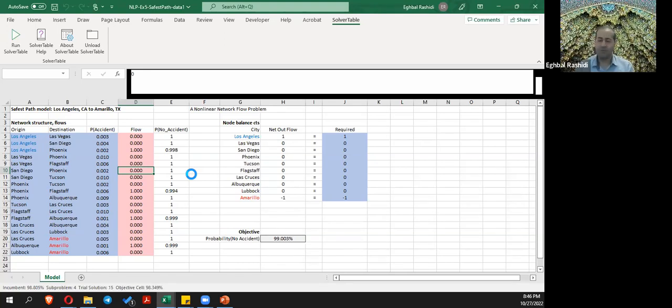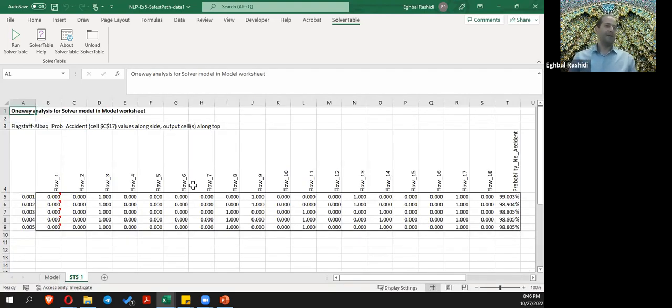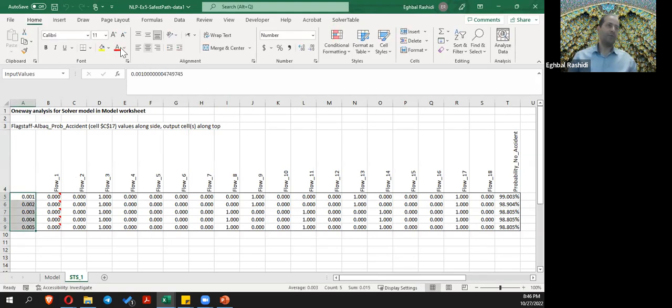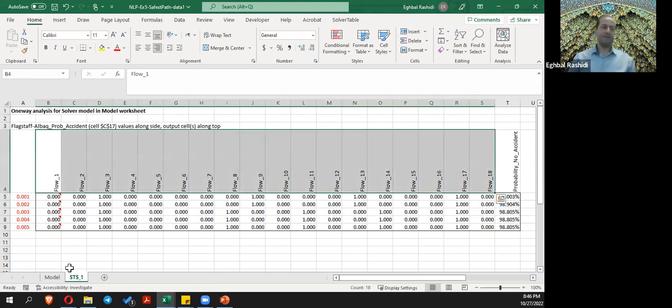Well, I didn't expect it to be taking this much. Oh, okay, great. Finally. All right, so these are the Flagstaff results. As you see, the probability of having an accident here, I'm going to make it a little more readable. You can see we can't really make sense of any of these values.